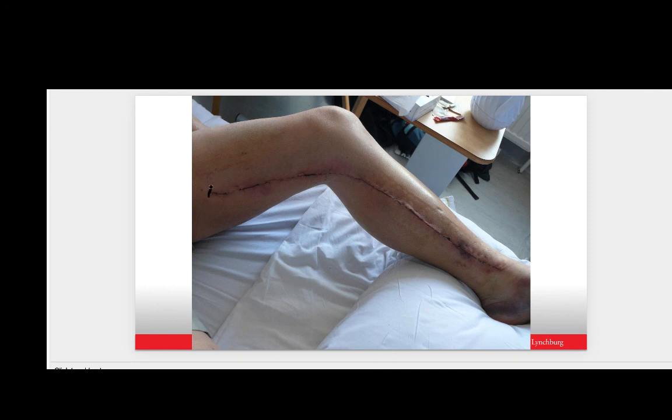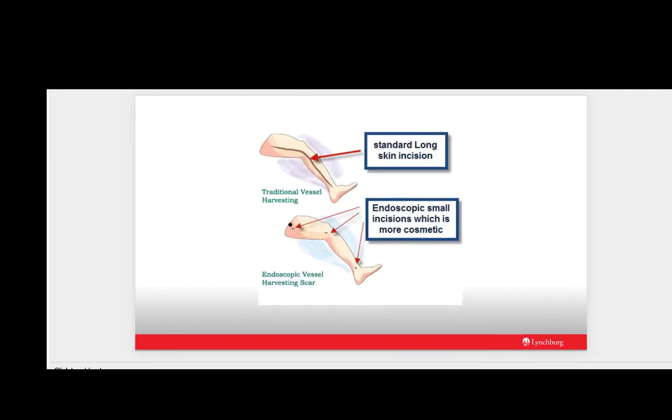They would cut all the way down past the ankle, and take out that saphenous vein and put it in as a bypass. But now it's a lot better. They do it endoscopically, so they just do some little cuts down the leg, and they still harvest the vein, but they don't have to have that huge incision.